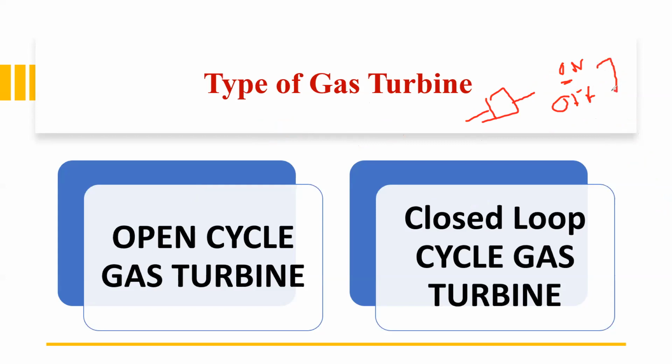This is an open cycle operation. There is no concern how many people are present in the room. If one person is present and you switch on the fan, it runs at its maximum speed; if 100 persons are present, there is no modification in the performance as per the requirement.